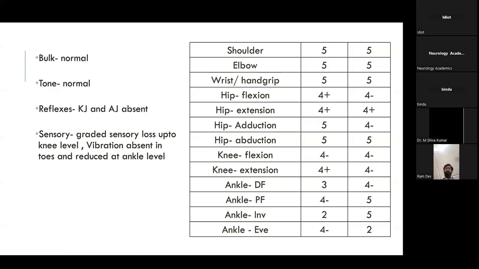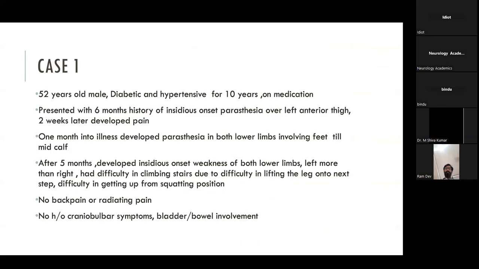A 52-year-old male, long-standing diabetic, has presented with sensory disturbance over the left anterior thigh. So that is in the femoral distribution. Then 1 month into the illness, he developed paresthesia over both lower limbs involving feet till mid-calf.